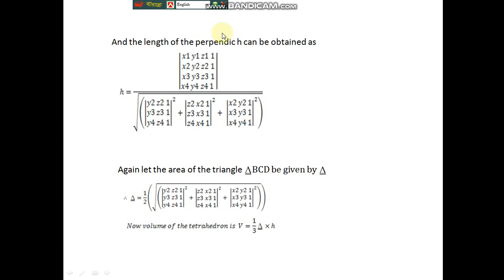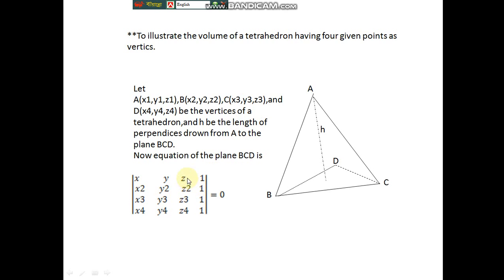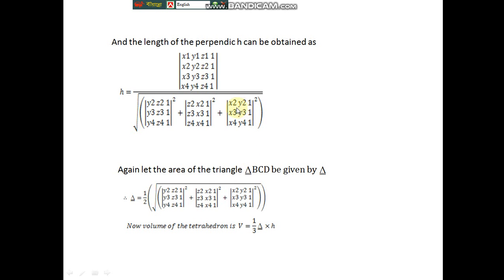Now let us see how we have determined this portion of the denominator. In the determinant we remove the third column, and then we find the quantity with rows x2 y2 1, x3 y3 1, x4 y4 1, and in this way this denominator comes here, under a square root.